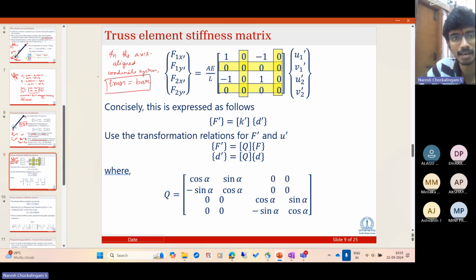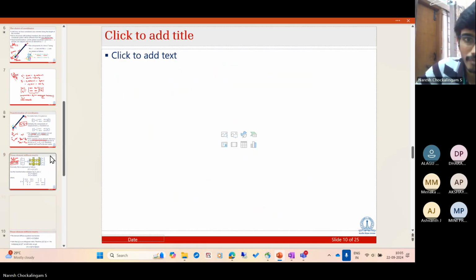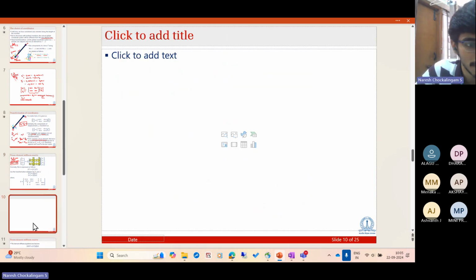Because the axis is rotated so that the x-axis is oriented along the central line of the truss member, which means it is just a bar element. It can only extend. There's no other degree of freedom. So we have these relationships.